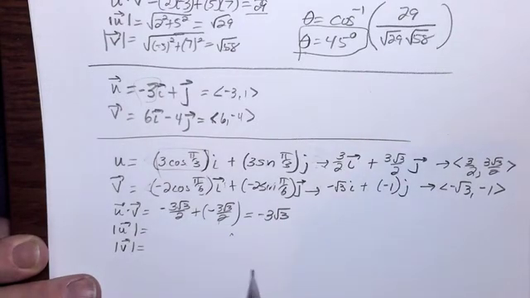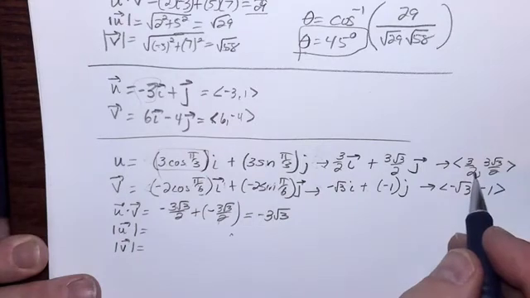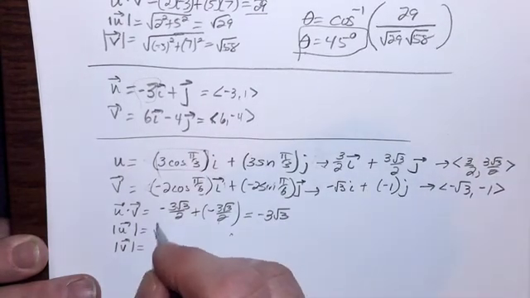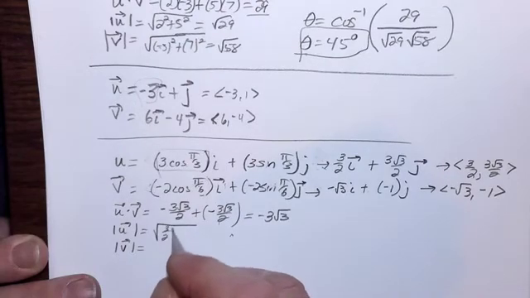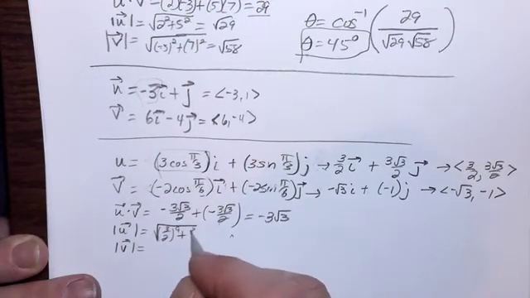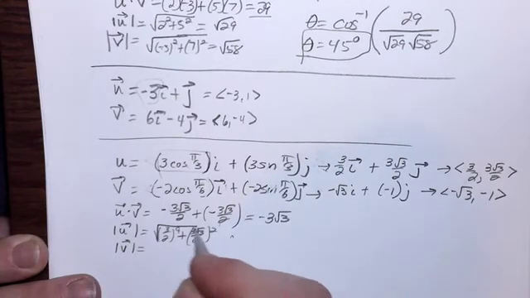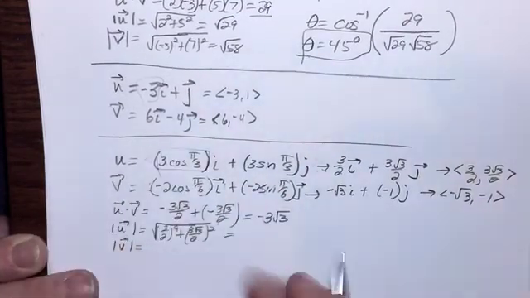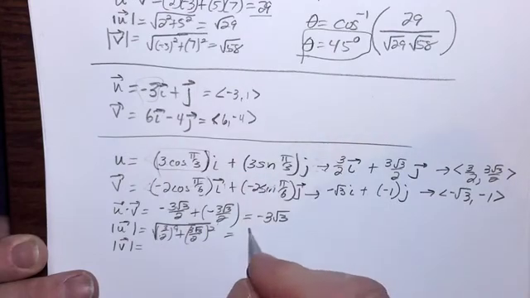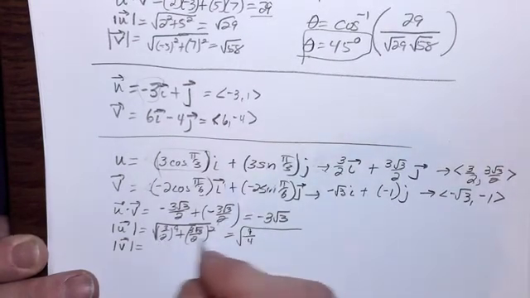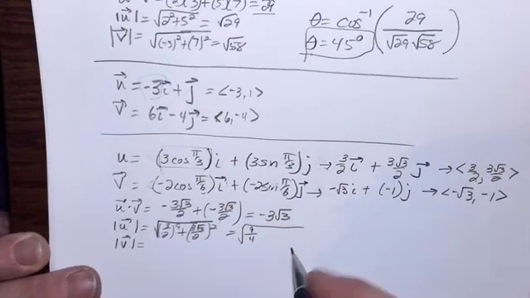Okay? The magnitude of u is the square root of this squared plus this squared. 3/2 squared plus 3 root 3 over 2 squared. Well, 3/2, 3 squared is 9, so it would be 9 over 4. Or you could enter this right in your calculator just the way it is.